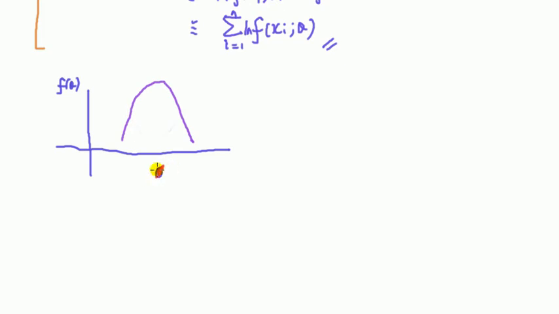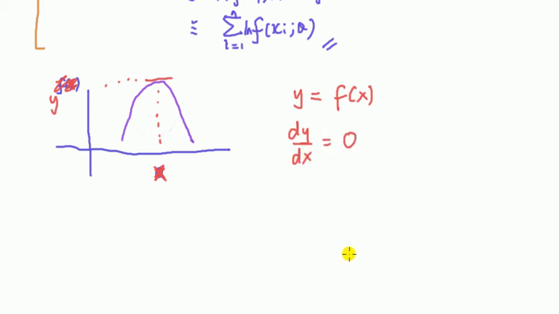In fact, let's just call it x instead of theta, because you're used to talking about x's from school. So let y equal some function of x. You know how to find the stationary point of something like this, the maximum, because at the stationary point the gradient dy/dx is 0. And you have to find the x value where that happens. That's what we're doing with the likelihood function as well, the log likelihood.